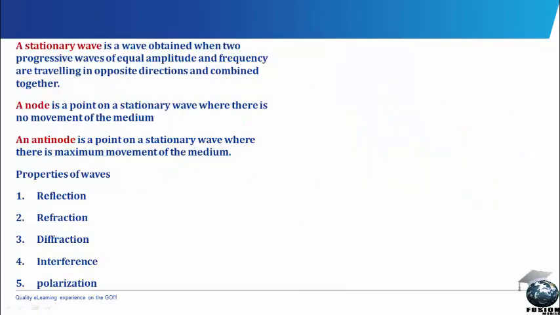Then we now come to another part of wave. Stationary wave or standing wave is a wave obtained when two progressive waves of equal amplitude and frequency are traveling in opposite direction and combined together.